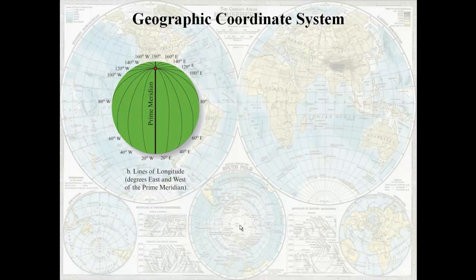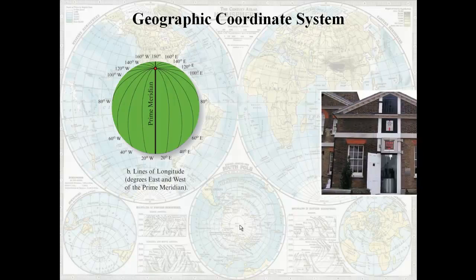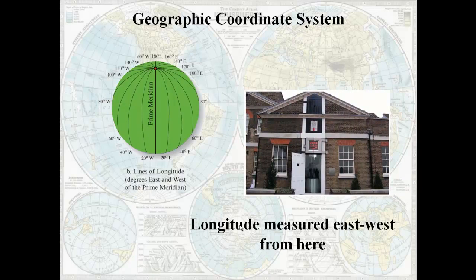Okay, we measure longitude from what's called the prime meridian. And the prime meridian was just defined by default as where all the action was back at the time, and that was the Greenwich Observatory in England. And so the prime meridian is a great circle that cuts through the Earth and includes the center of the Earth, and it runs right through Greenwich.